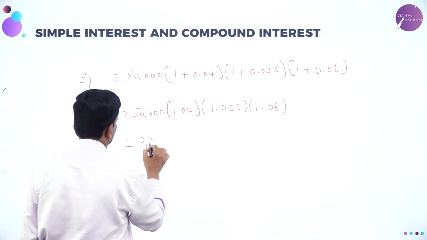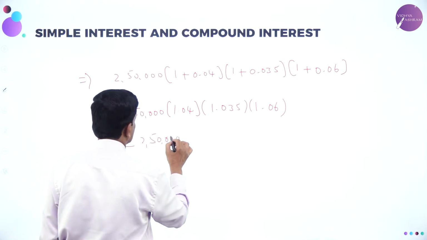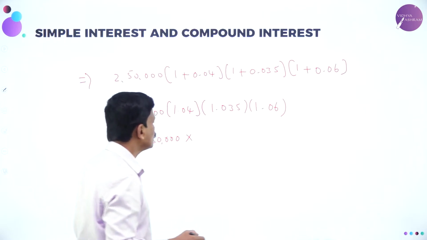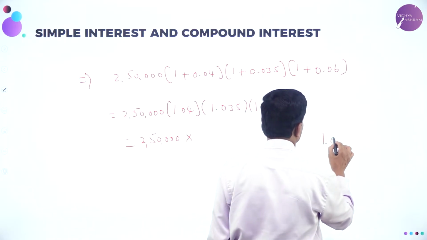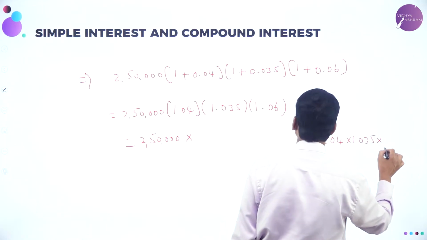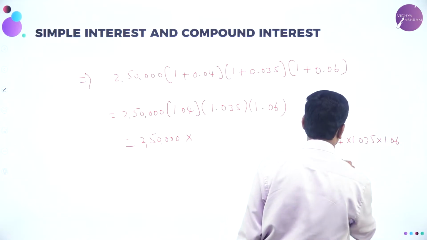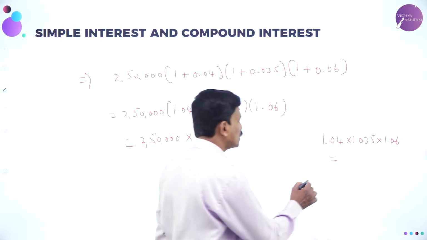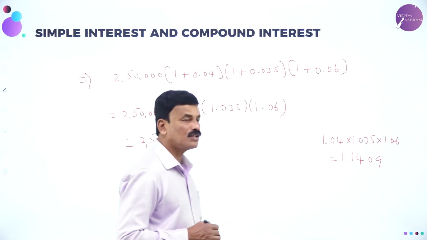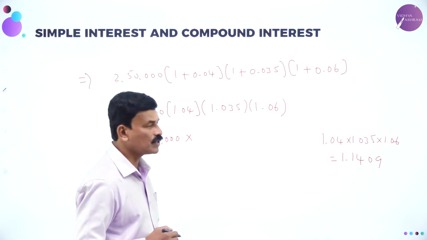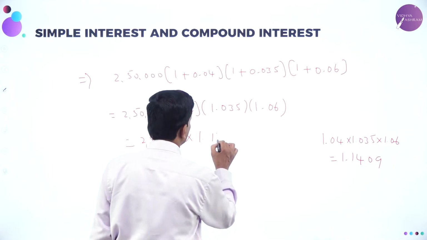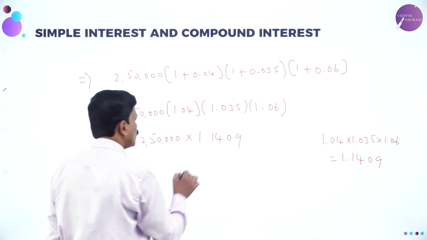So this is 2,50,000 into, if you multiply, what is this? 1.04 into 1.035 into 1.06. If you multiply this, you are going to get it as 1.1409. So 1.04 into 1.035 into 1.06 is equal to 1.1409.